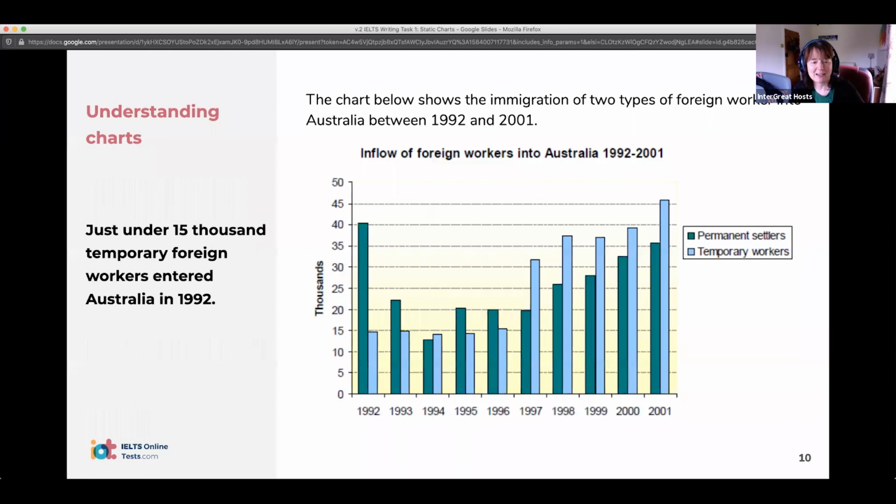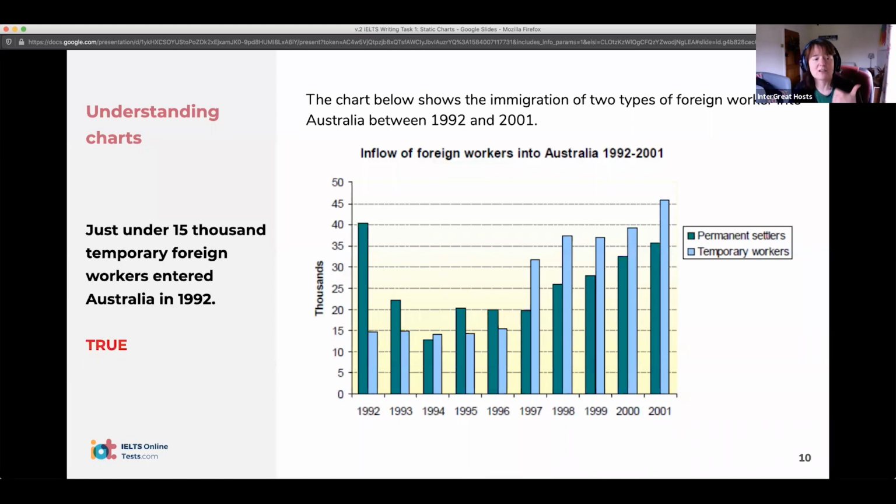The one we're going to work with is a bit easier. So now we're looking at 1992. We've got a number just under 15,000. We've got temporary workers. We've got the year. Yes, okay, everything is correct in that part.